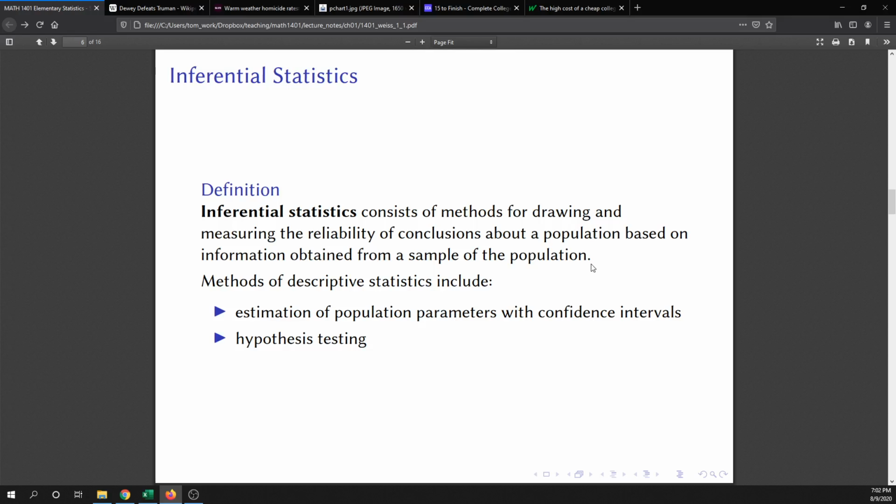So how well should that sample information reflect the population information? There are some methods that we will talk about in this class, basically confidence intervals and hypothesis testing. We'll talk much more about that later on in the course.